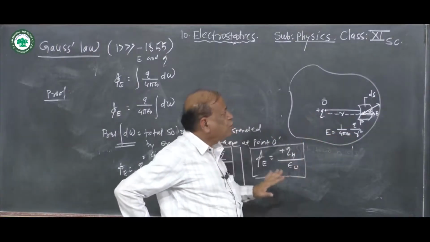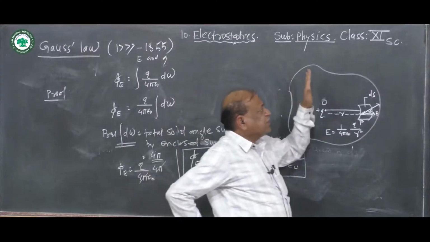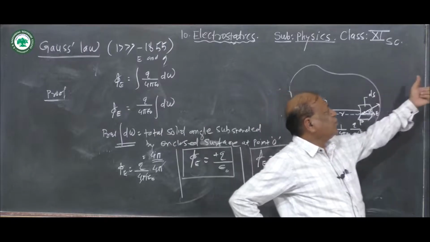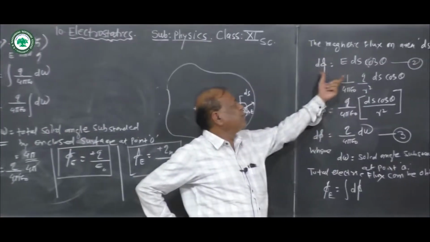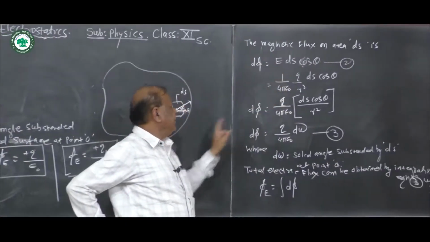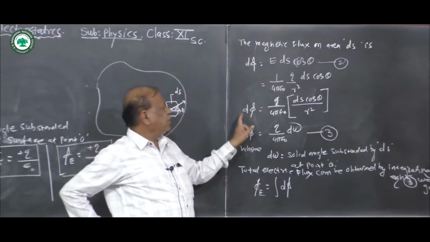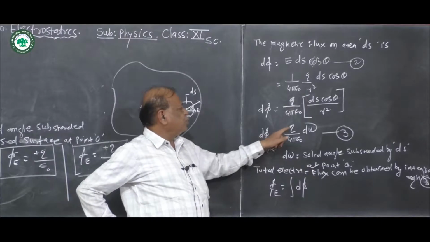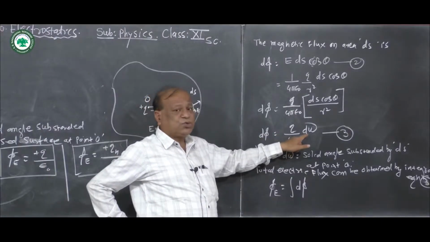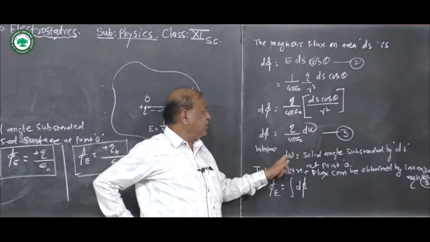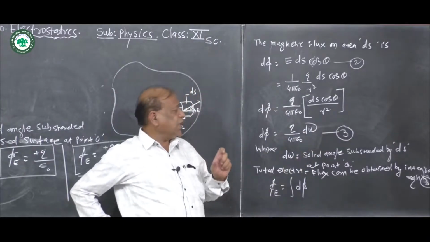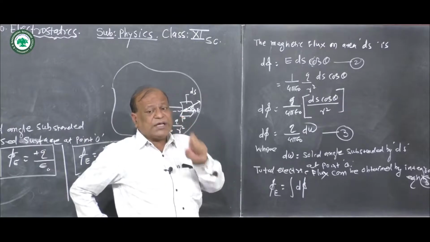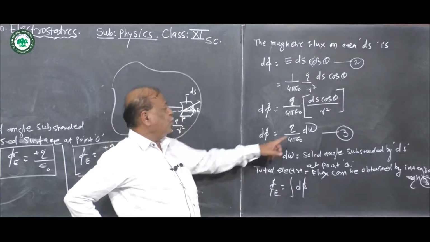And now we use the definition of the electric flux on that small area ds. Now put the value of E, then the equation becomes like this. Then d phi is equal to Q upon 4 pi epsilon 0 d omega, where d omega is the solid angle subtended by that small area ds at point O.